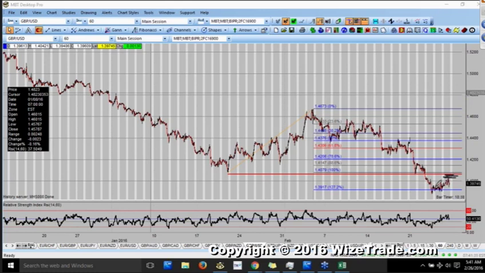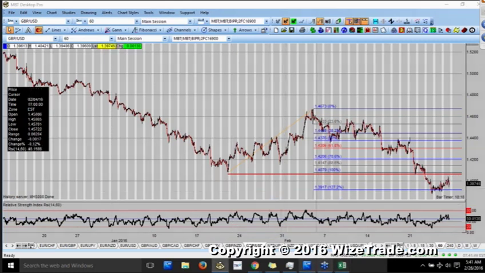Sellers are standing in the way. It's like running into a brick wall of just orders. That's why you fall short of this resistance here. You fall short of it because you've got so many sellers up here trying to get out. So we really ran into that wall perfectly.